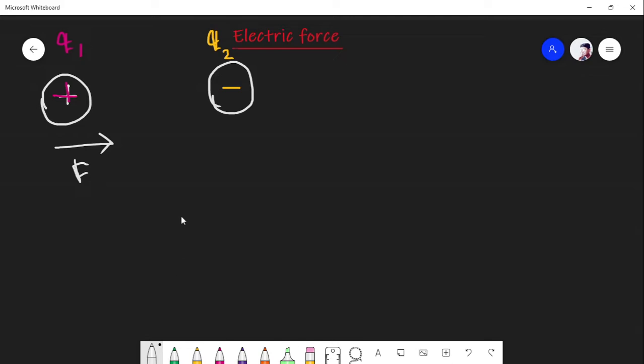So what Coulomb's law states is that the electric force is equal to the constant K times Q1 times Q2 divided by the distance squared. R is the distance between these two objects.